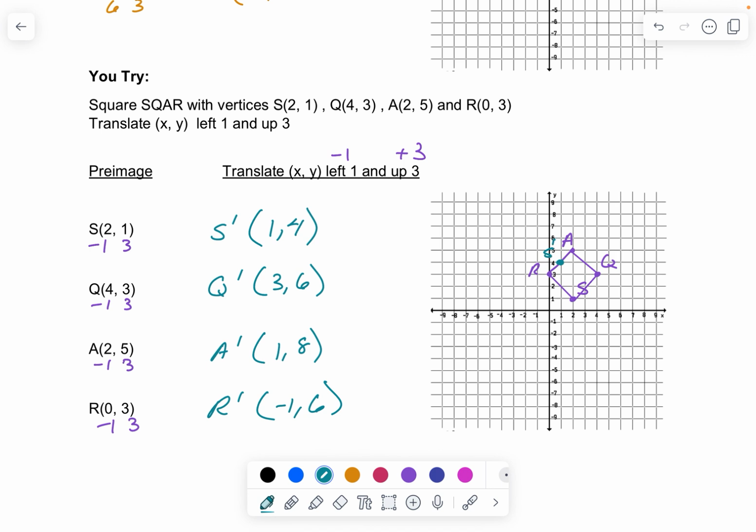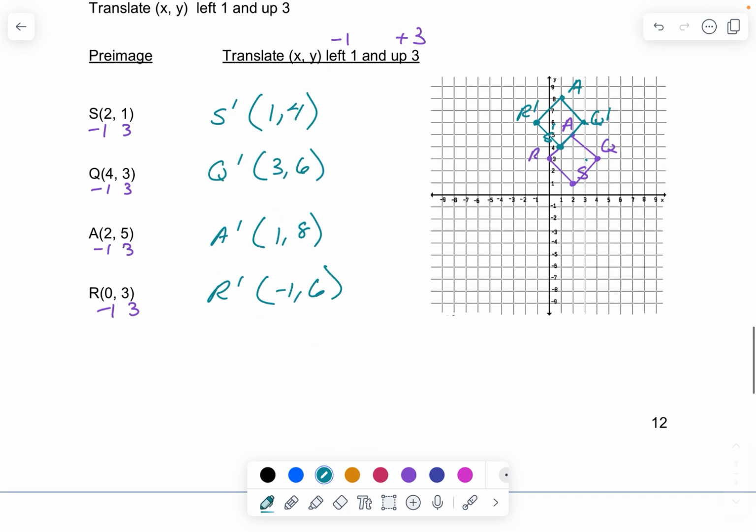Left 1, up 3. All right, looks good. -1, 6 is my R. 1, 8 is my A. Q is 3, 6. And S prime is 1, 4. Looks perfect.